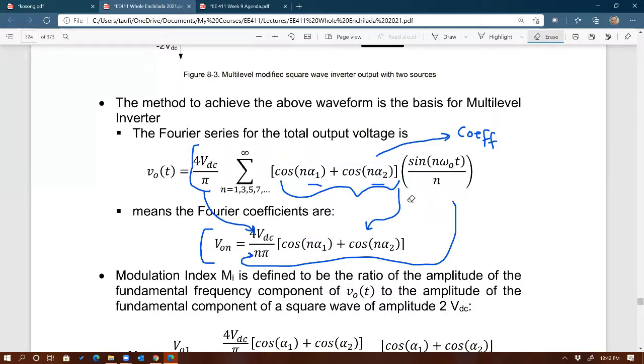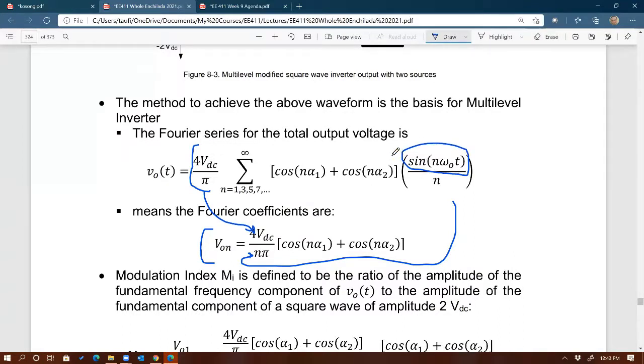If I erase this whole thing, you see every sine wave will have a magnitude. So now we have the equation for the magnitude of each of the sine waves in the Fourier series. Here's our sine wave with respect to time.